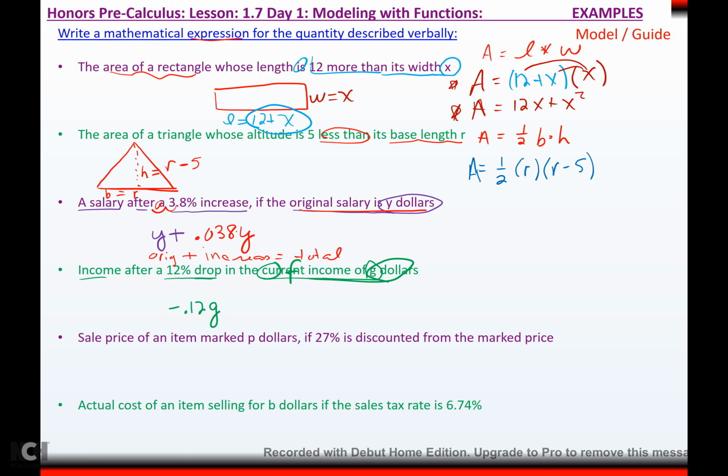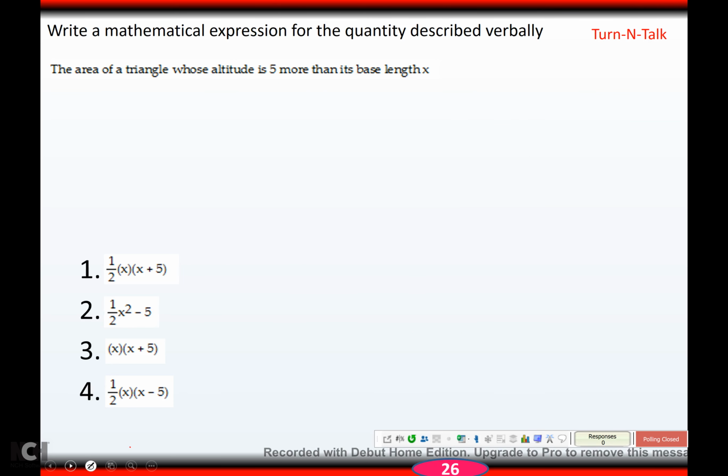And you're taking that away from your original income. So my total salary, after a 12% drop from my original. To find your total income, you'd have to take your original salary and subtract 12% of it. Make sense? I hope.